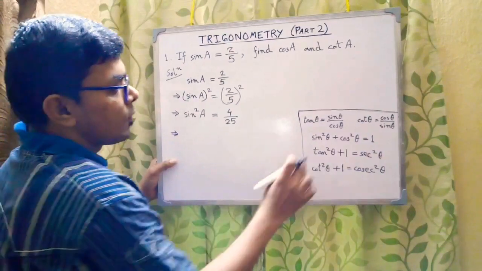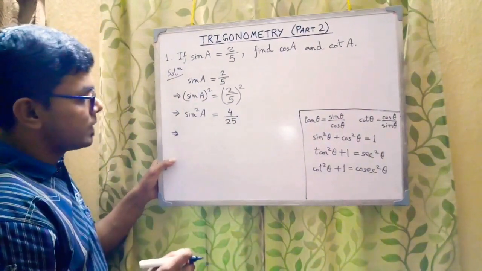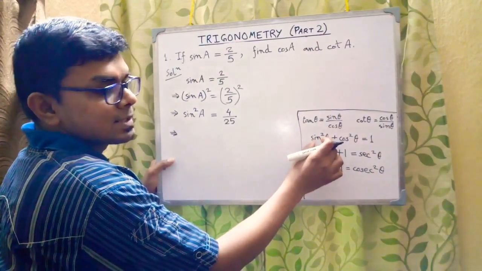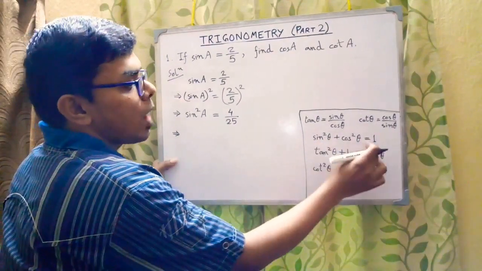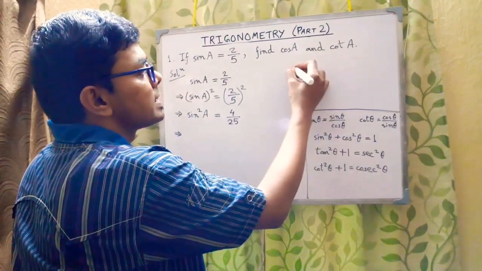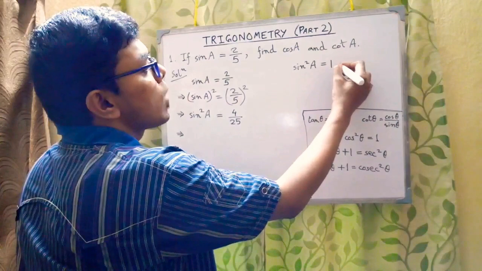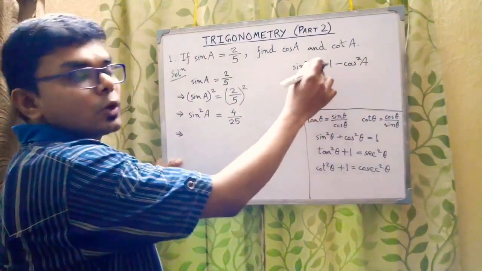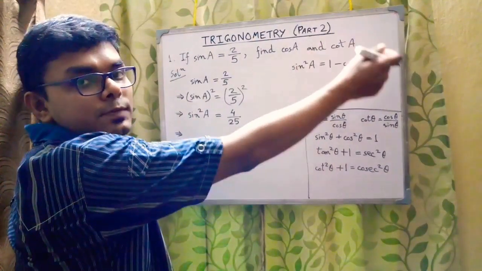Implies that from this formula sin square theta plus cos square theta equals 1, we can see that if we keep only sin square theta on this side, that is 1 minus cos square theta. That is, I am writing it here, sin square A equals 1 minus cos square A. Why? Because sin square A plus cos square A equals 1. I have transferred cos square A to the other side.